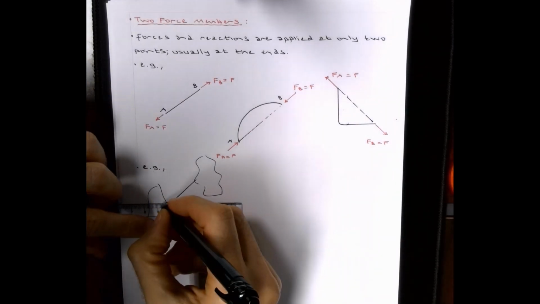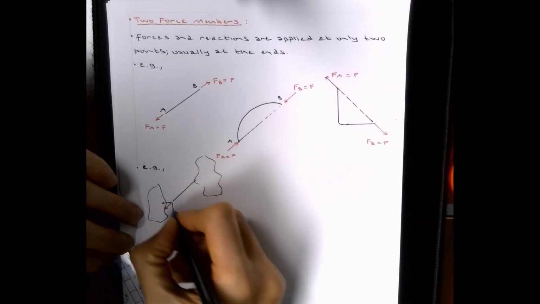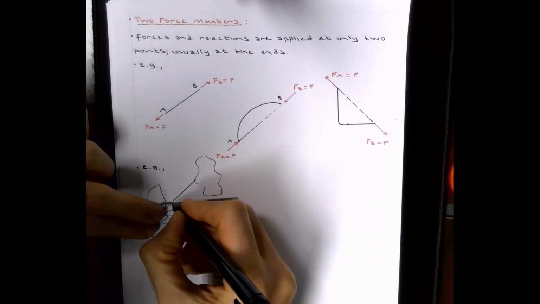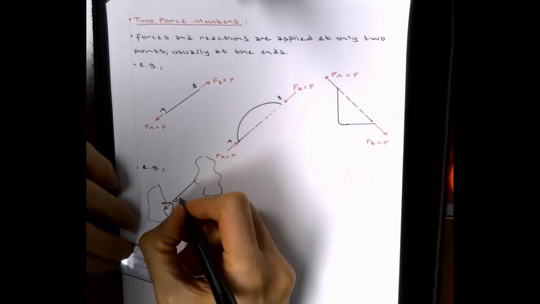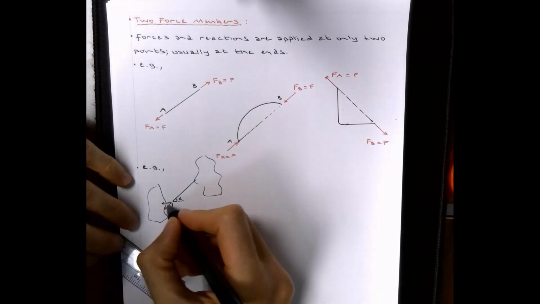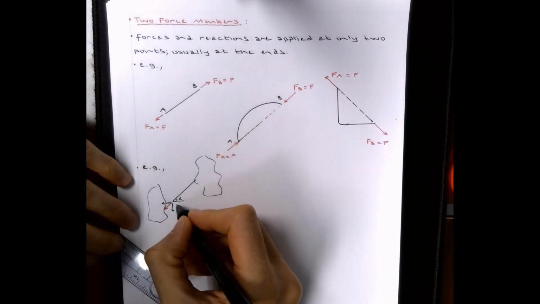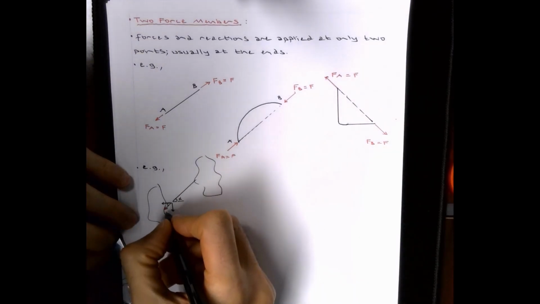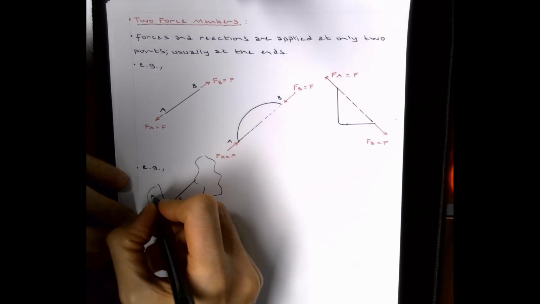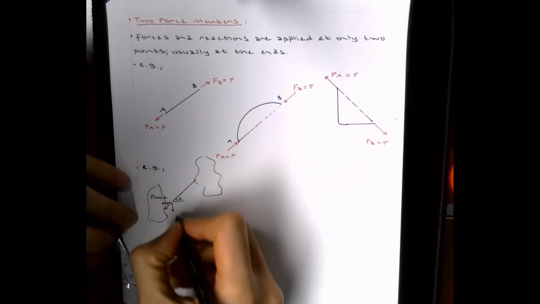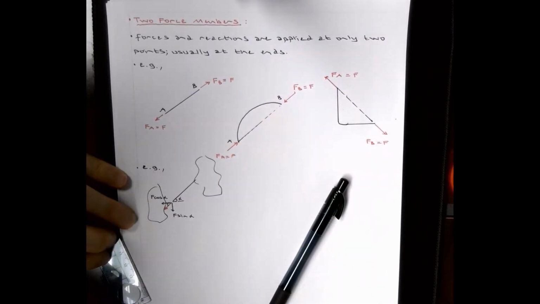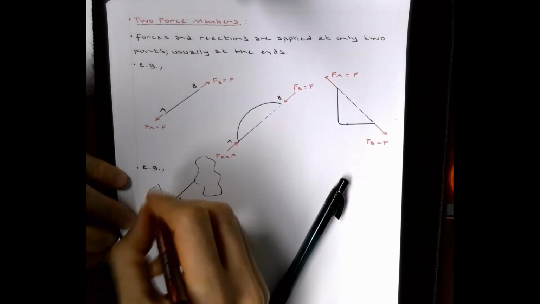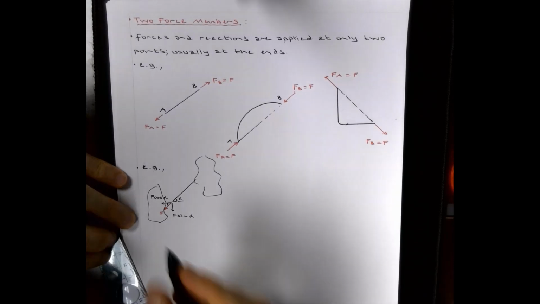So you can calculate these components. Let's say this angle is alpha, right? So if that's alpha, this is similar angle, that is going to be alpha. So this is going to be F times cosine alpha, F times sine alpha, right? If this is F, this is going to be only one unknown. So that is what it is.